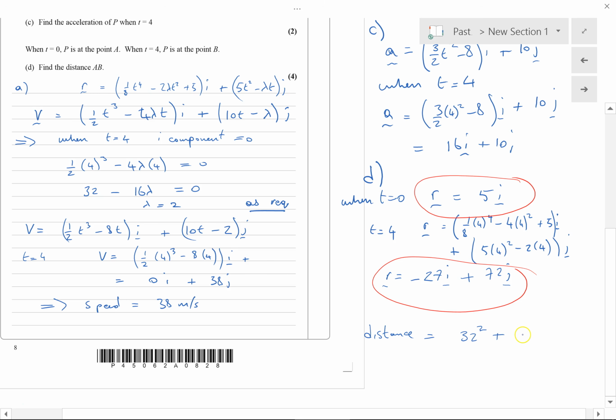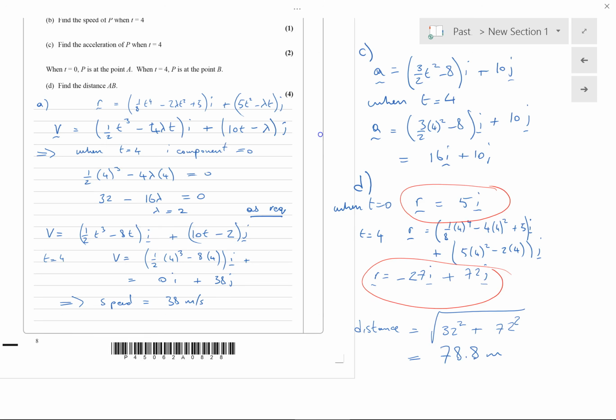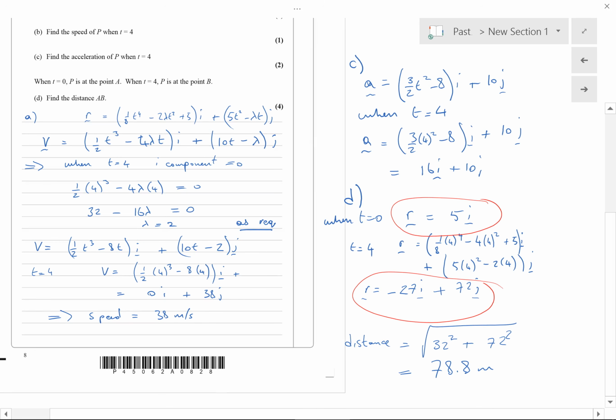The difference between the j components is 72, that's squared, square root of that, and that equals 78.8 meters. It definitely gives pretty significant figures now because there's no g, so 3 s.f. may well not be accepted. I don't think it was in this scheme. Okay, so 22 minutes, third question done.